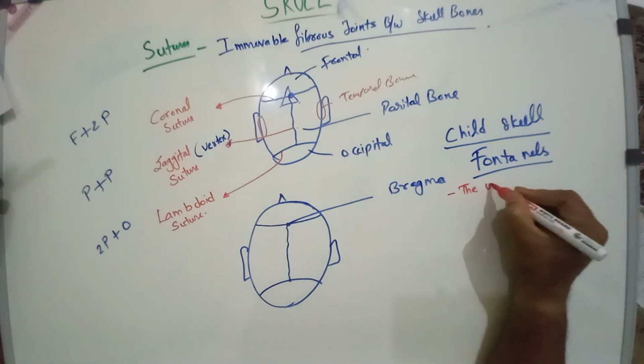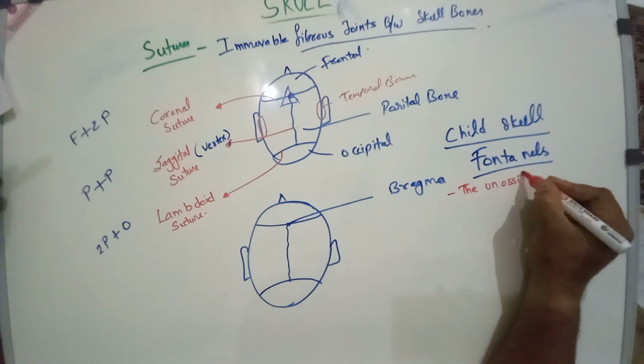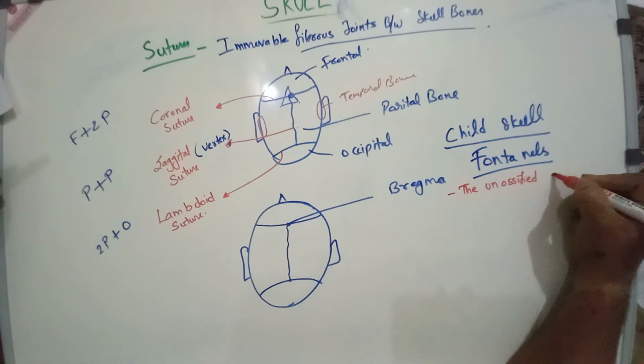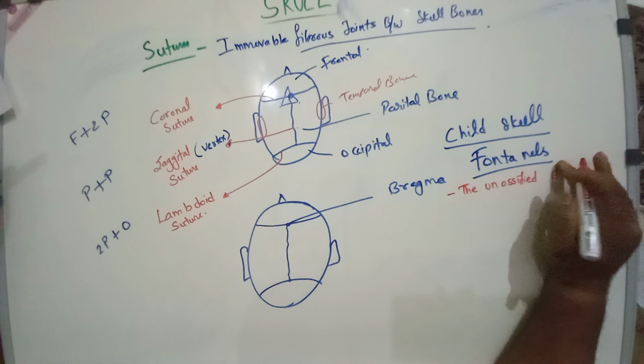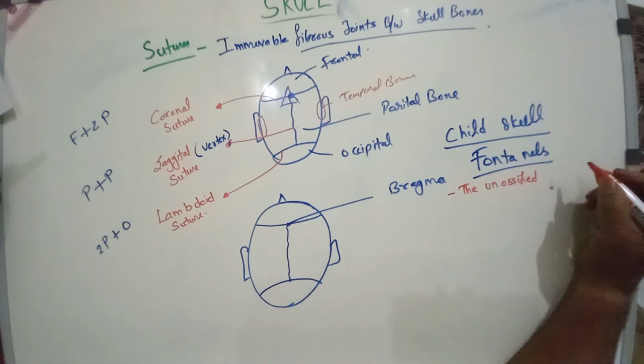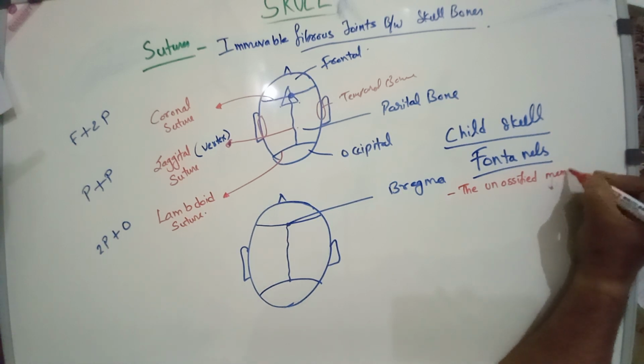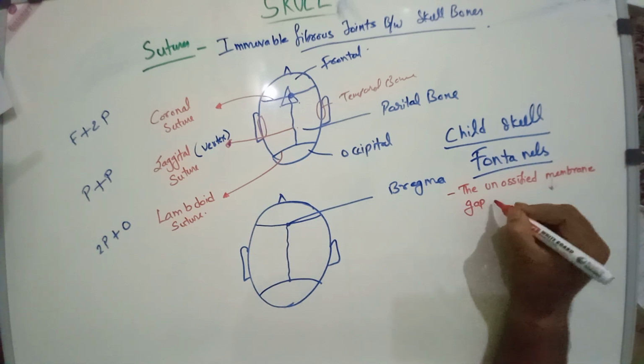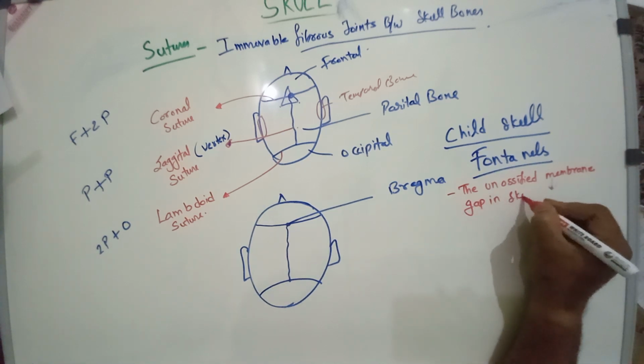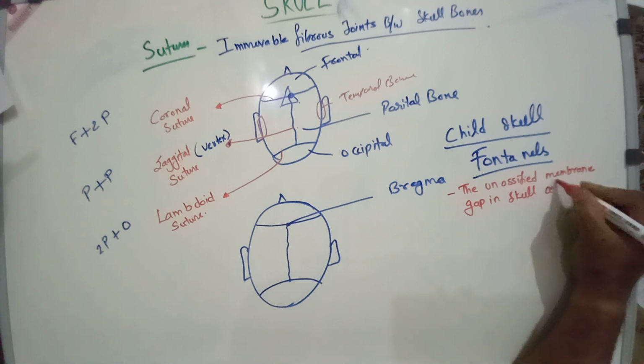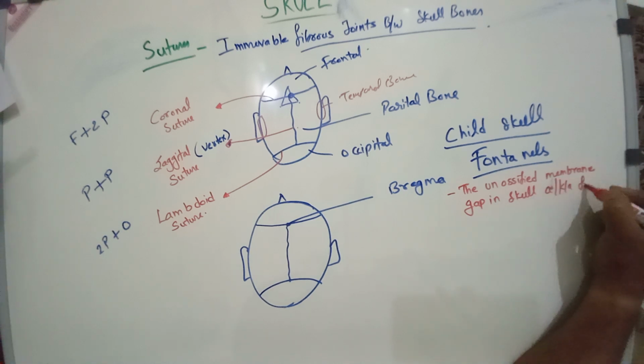The unossified membrane gap in the skull is called fontanelles.